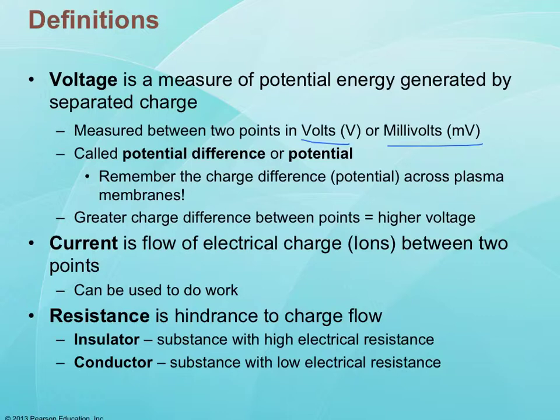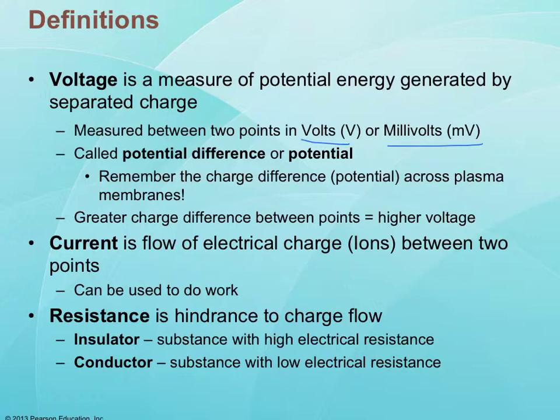There is a charge difference across the plasma membrane, and that's always about -60 to -70 millivolts. It just means there's a difference between the outside and inside of the cell membrane. If there's a greater difference, then there's a higher voltage.